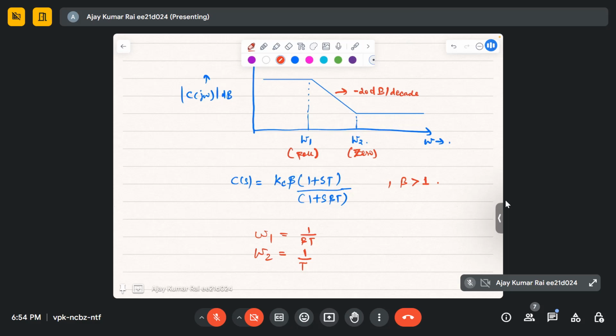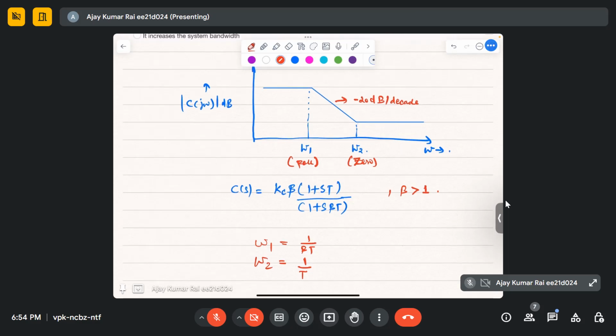And again at omega 2 you will encounter a zero, so the magnitude stays constant. The slope is 0 dB per decade. So this we know.